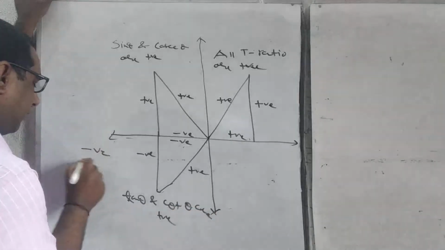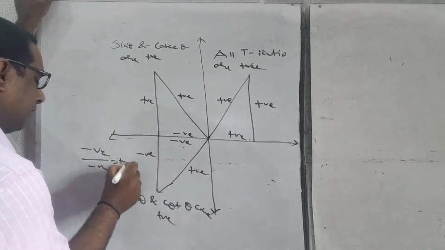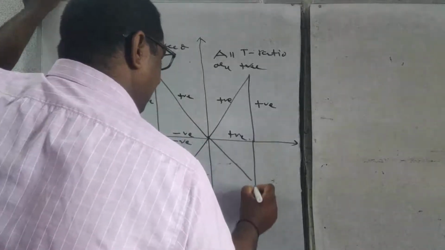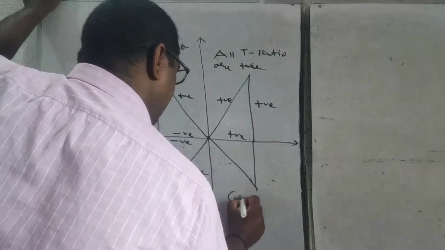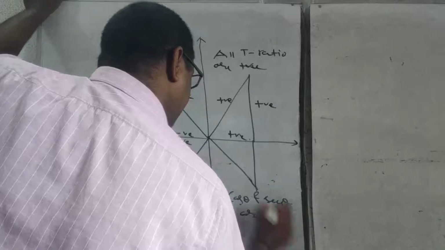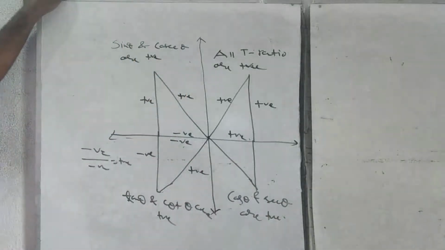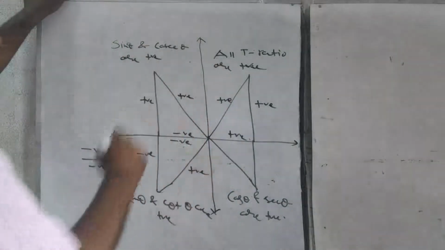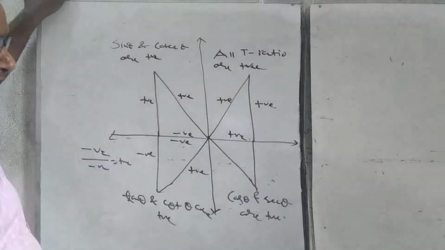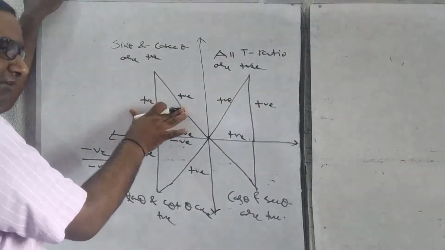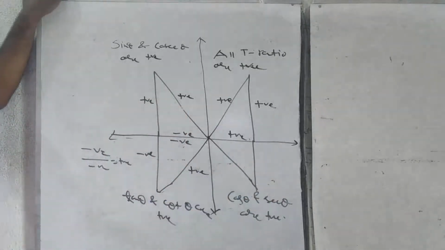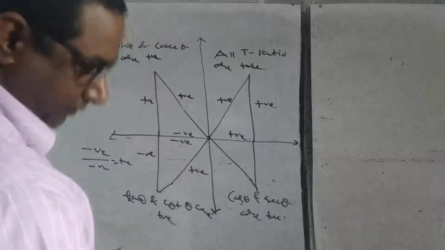And in the fourth quadrant, you can observe that cos theta and sec theta are positive. So this is very important information: in the first quadrant all T ratios are positive, in the second sine is positive, in the third tan is positive, in the fourth cos is positive.